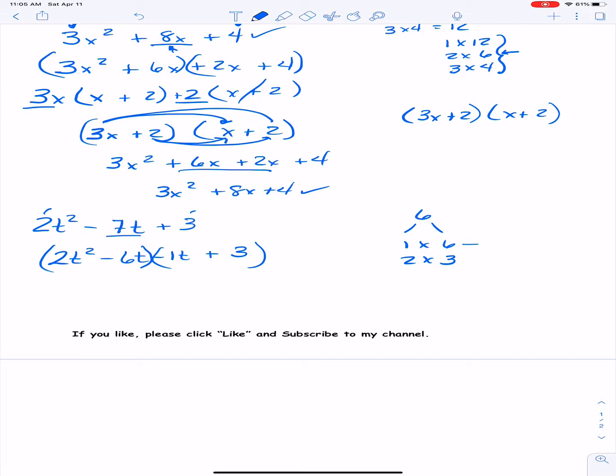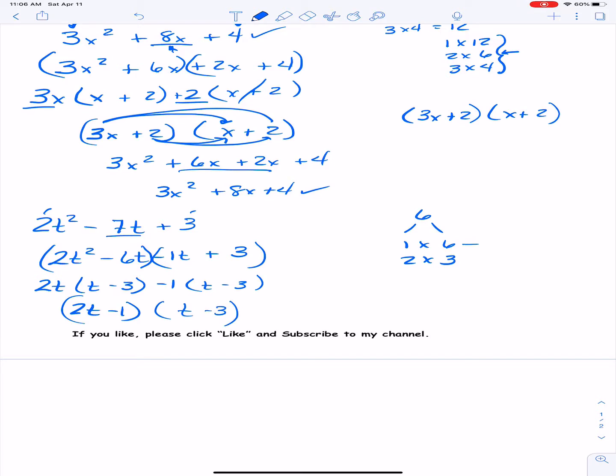Out of my first group, I can take out a 2t. 2t divides into 2t squared t times. 2t divides into 6t 3 times. So I know that that is the smallest that I can do with that binomial. So I'm going to put this, and that means I need to take out a -1. So I put this together: 2t minus 1 times t minus 3.